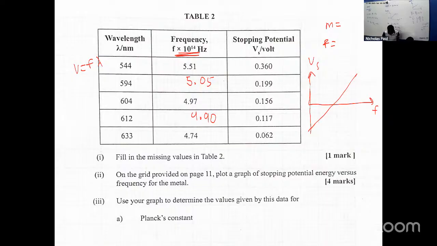Get something like minus 5. Based on what we have here, 4.5? Yeah. Anybody got those values? 4.5 by 10 to the 14. And the gradient I have here is 3.5 by 10 to the minus 15.